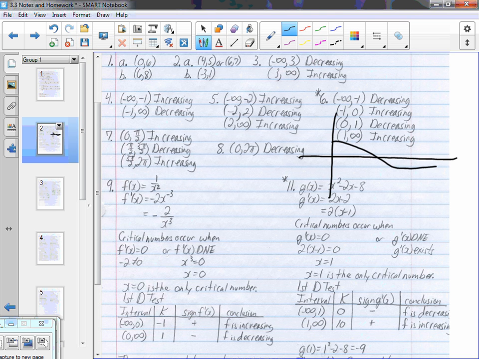So that function's always decreasing, isn't it? Okay? So, for as long as it exists, and they tell me in the directions, they restrict the domain like this. They say 0 is less than x is less than 2 pi. For that entire graph, then, the function's decreasing. So for that entire graph, what's the sign of the derivative? Negative.